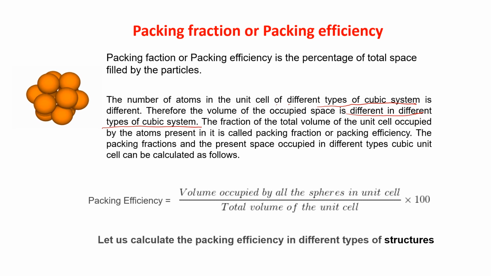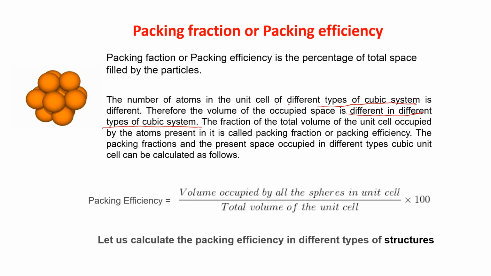The fraction of the total volume. Now, what is the total volume? The fraction of the total volume of the unit cell occupied by the atoms present is called the packing fraction or the packing efficiency. The packing fraction and the percentage of space occupied in different types of cubic cell can be calculated as follows.